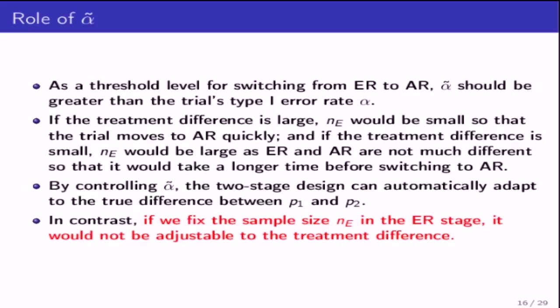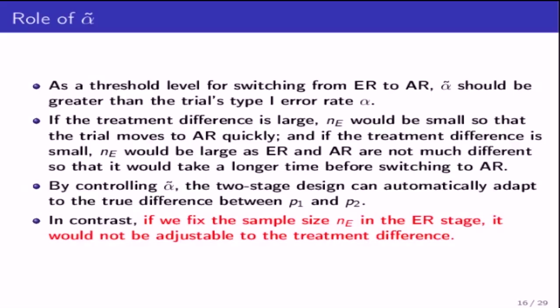On the other hand, if the treatment difference is small, then N_E would be large, because if P1 and P2 are so close, whether you do equal randomization or adaptive randomization wouldn't make much difference. By controlling alpha tilde, the two-stage design can automatically adapt to the true difference between P1 and P2.